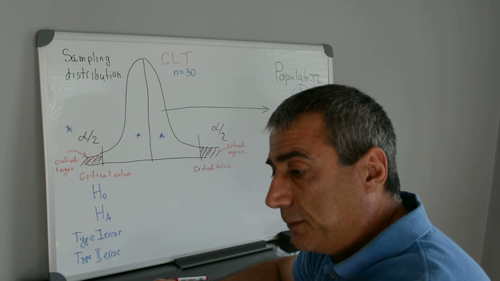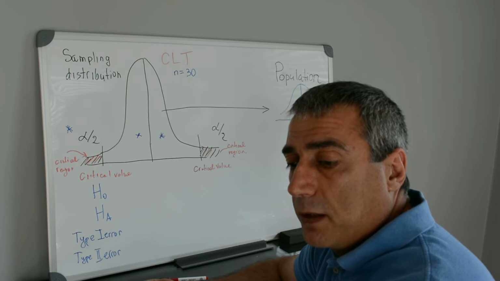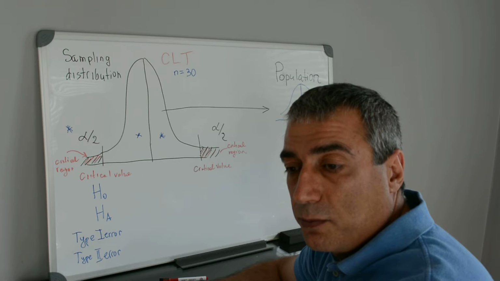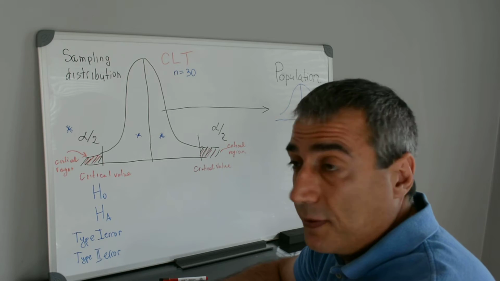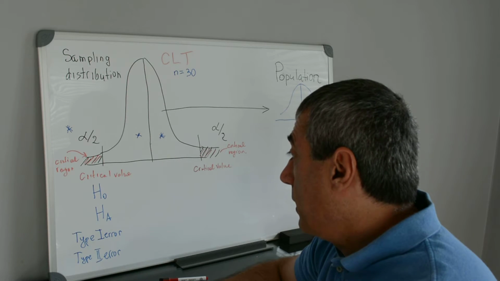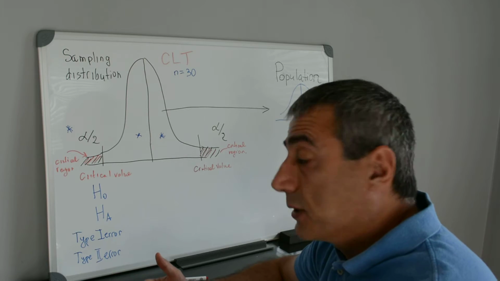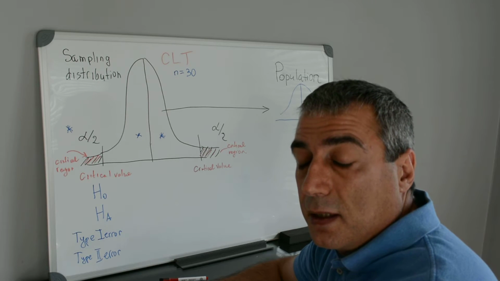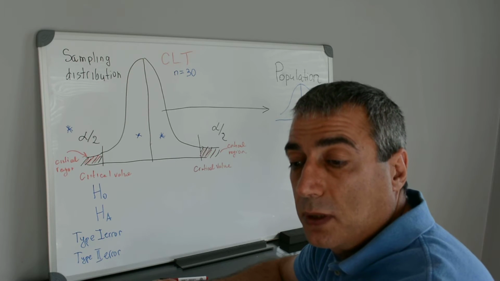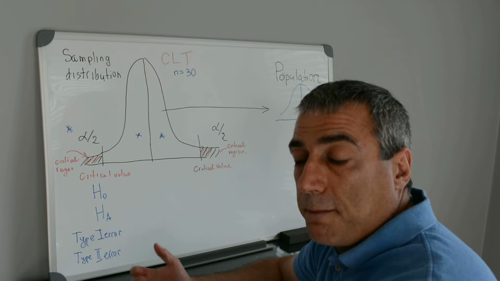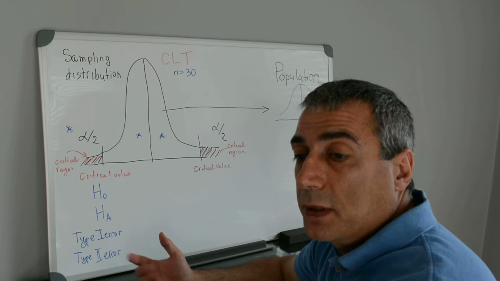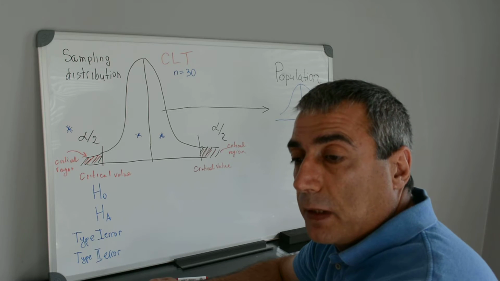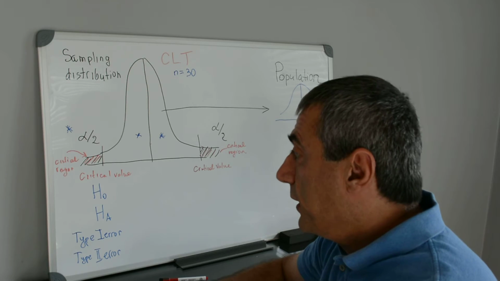And usually, for hypothesis testing, the significance level of 0.05, or alpha, the type 1 error denoted as alpha of 0.05, is assumed to be a good indication of the rejection criteria.